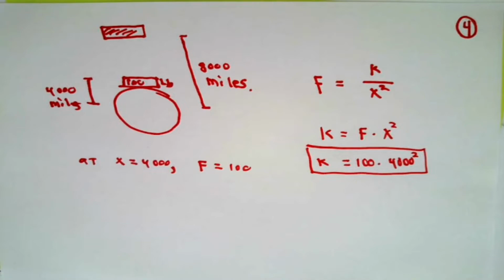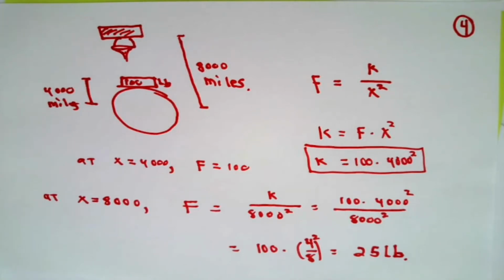To calculate the weight at 8,000 miles from the center, though, is easy. If you moved to x equal 8,000 miles and were held stationary there by some rocket engine firing, for instance, then in that situation the object would now weigh only 25 pounds.